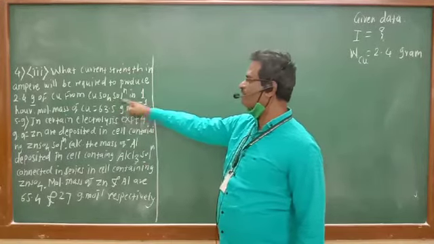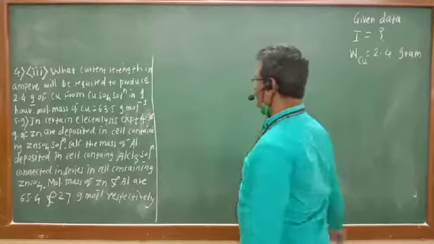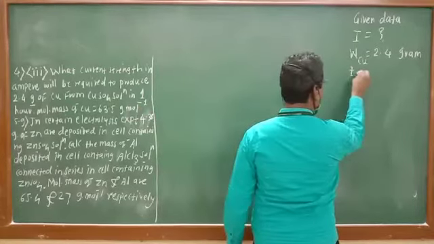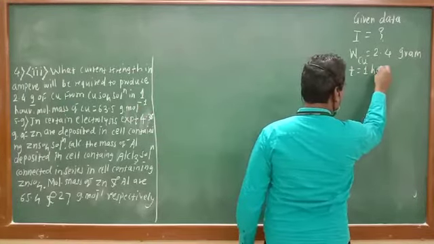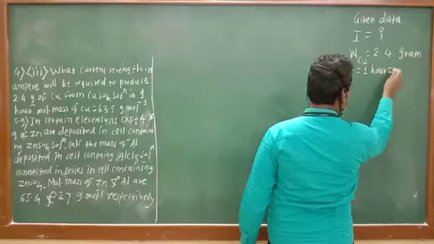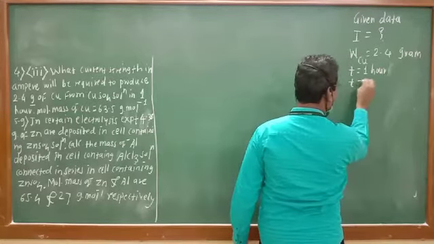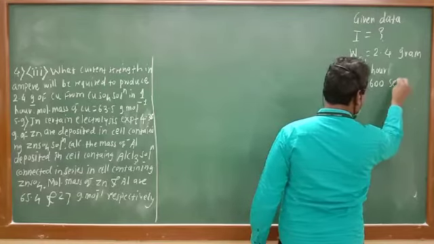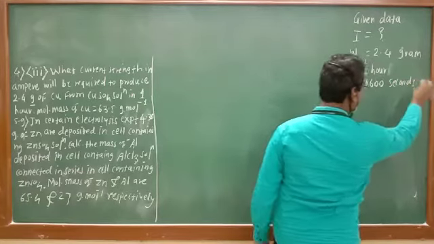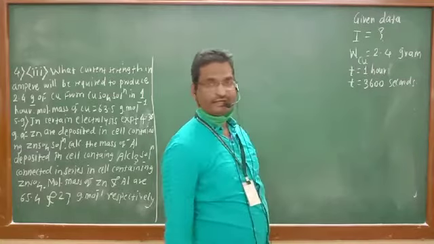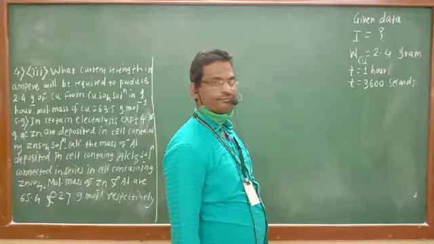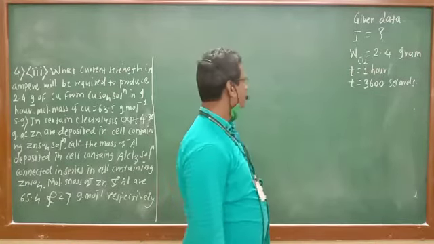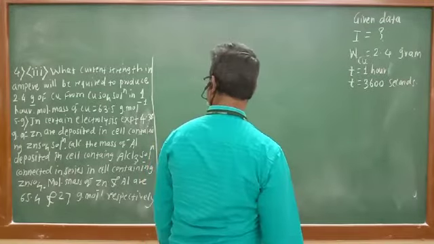Copper from copper sulfate solution in 1 hour, means time is given as 1 hour, and we know 1 hour will be equal to 3600 seconds, as we calculated just now in the previous problem, because here we have to take seconds, not hour.